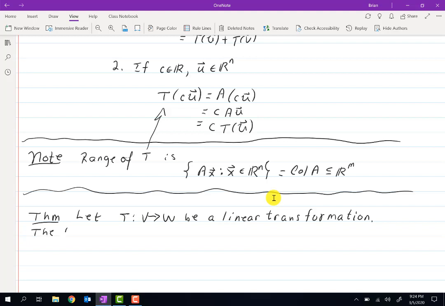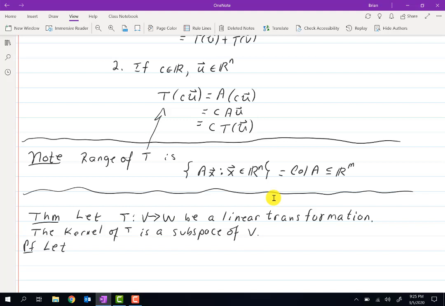The kernel of T is a subspace of V. I've seen various notations for it, but for the proof of this, I'm just going to refer to K as the kernel.